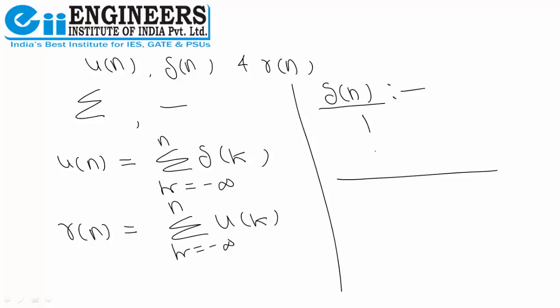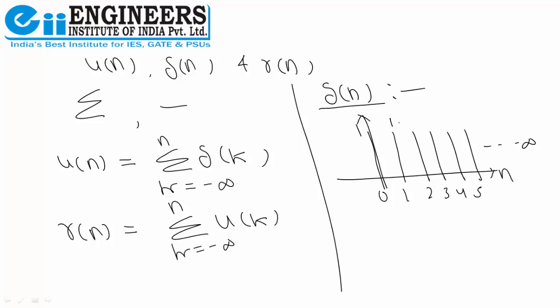First of all, just draw the figure of u n and you will get the idea. u n varies from n equal to 0 to n equal to infinity, and for all values of n the amplitude is 1. Now delta n only exists at n equal to 0. So we need to eliminate the amplitudes from n equal to 1, n equal to 2, up to infinity. Which u n should I take again? Then all values from 1 to infinity will be eliminated.